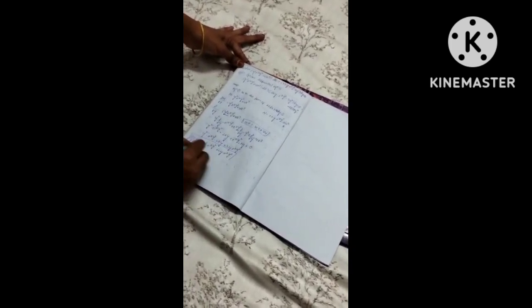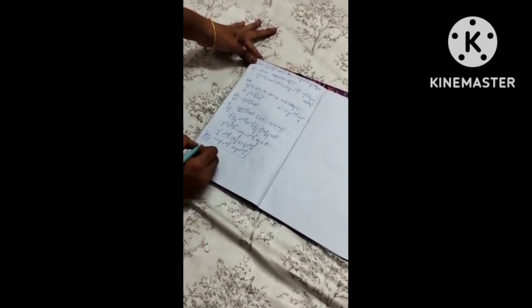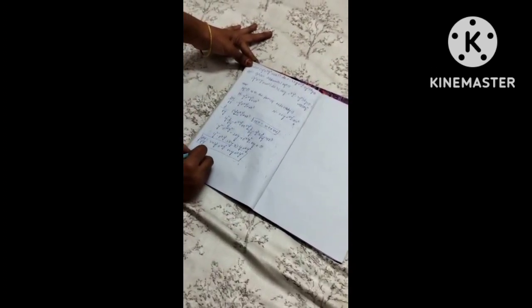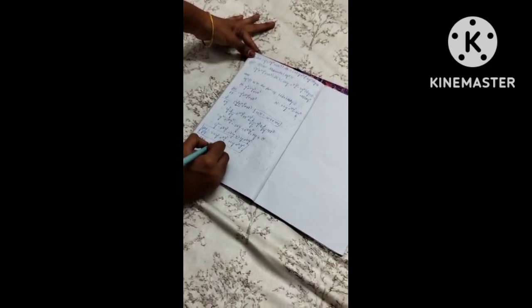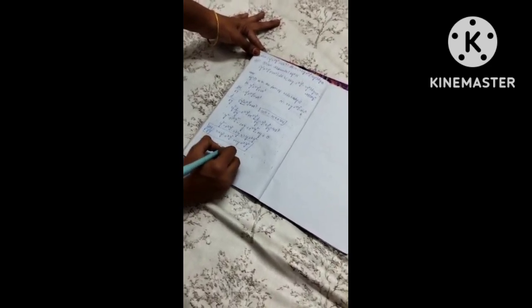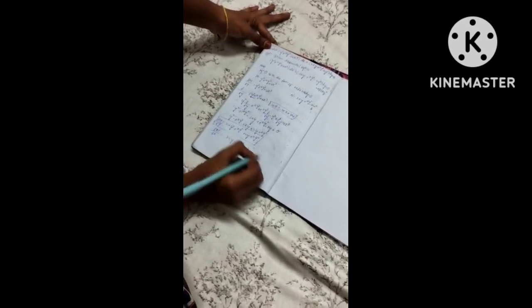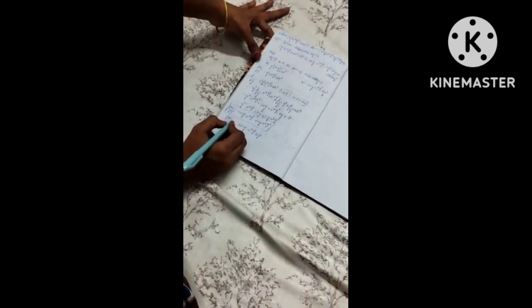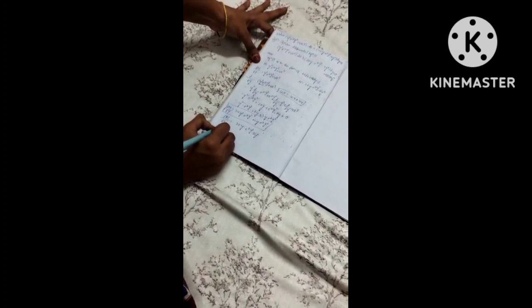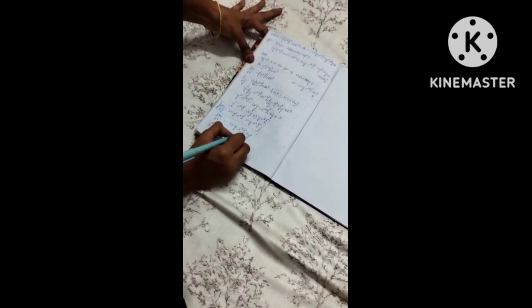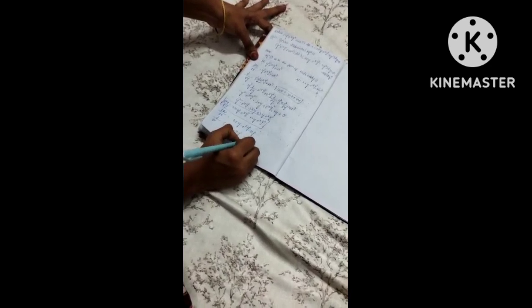Still, we should find the dou N by dou x value. Dou N by dou x is dou by dou x of (2xy e power of xy square minus 3y square).